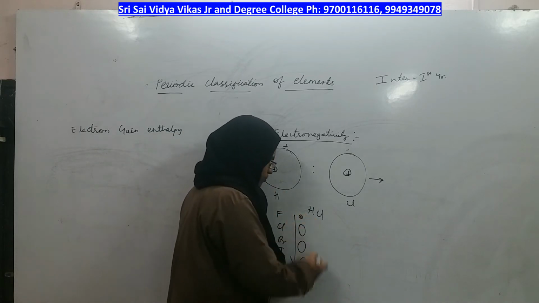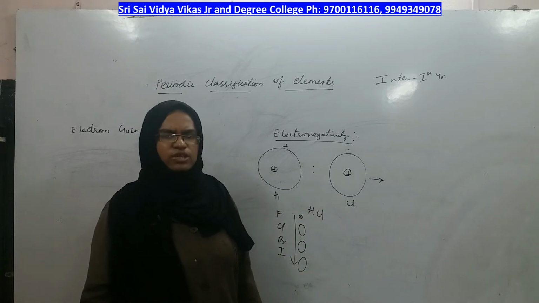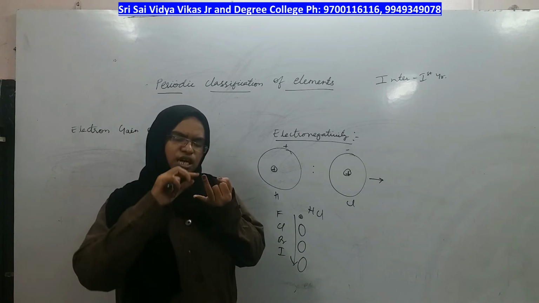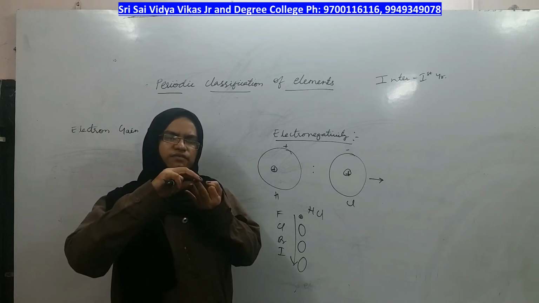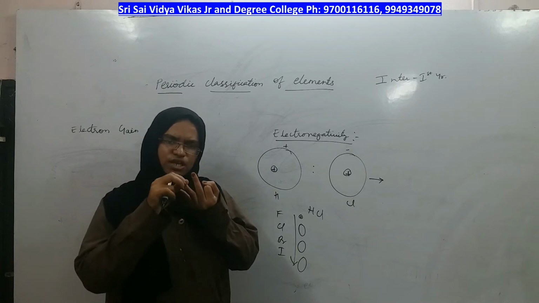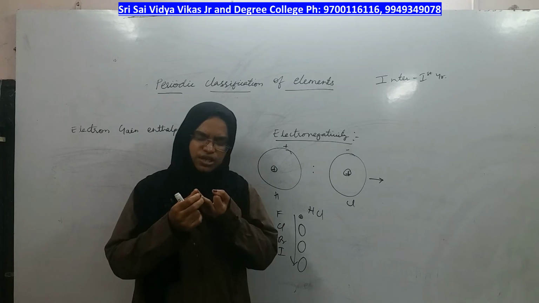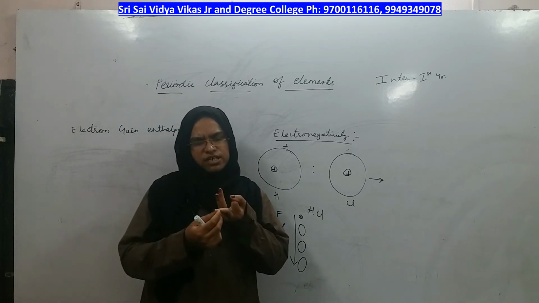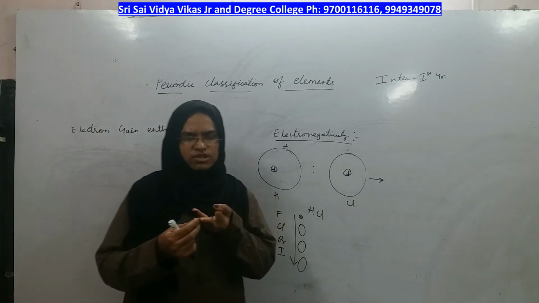Therefore from top to bottom, if atomic radius increases, the effective charge of the nucleus decreases and electronegativity becomes less. The charge of the nucleus is related to electronegativity. If the charge of the nucleus is more, electronegativity will be more; if it is less, electronegativity will also be less.